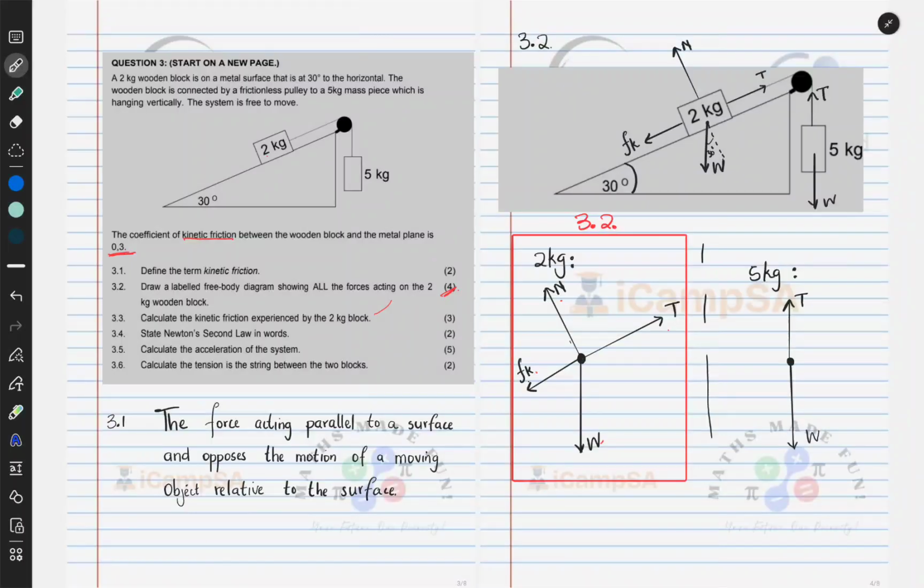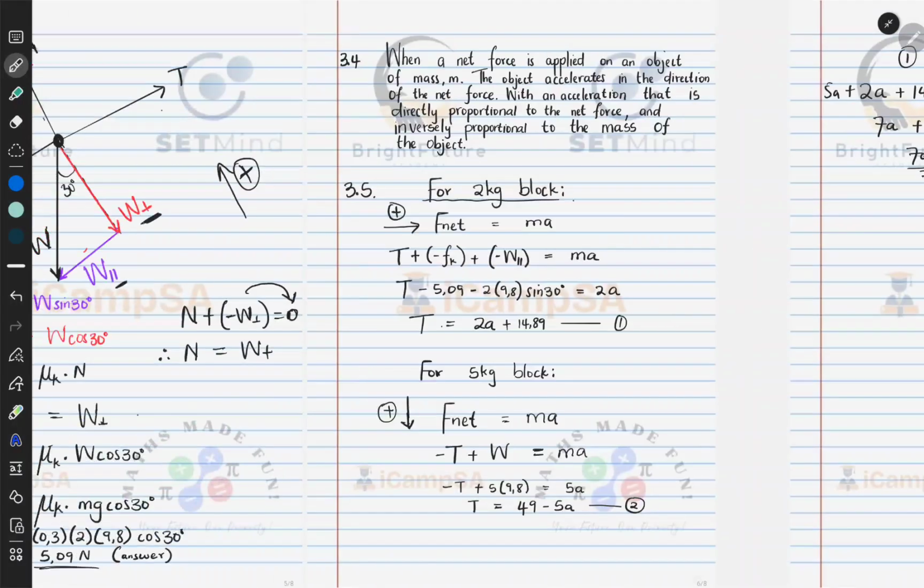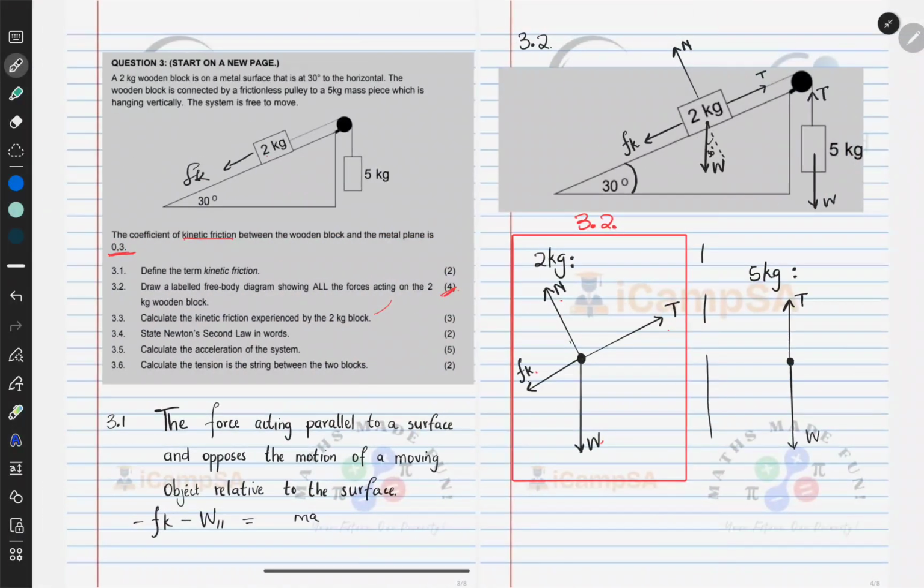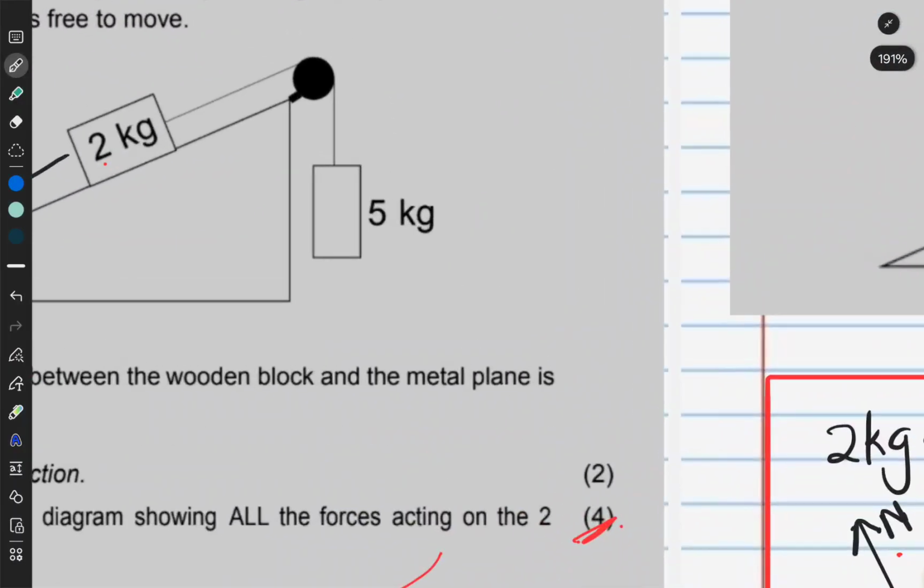And then there's obviously method 2. If you remember in our other video, you basically ignore the interface. I call it an interface, but it's this string that connects these two blocks.